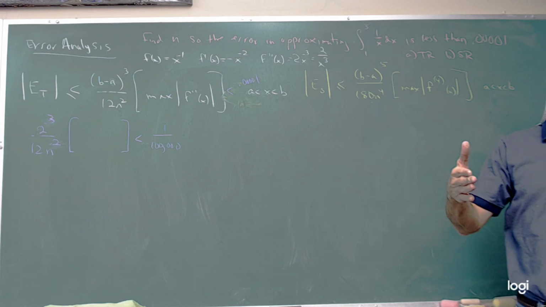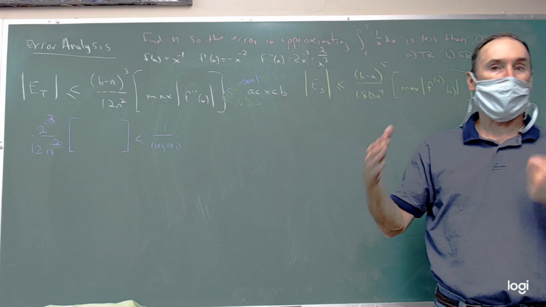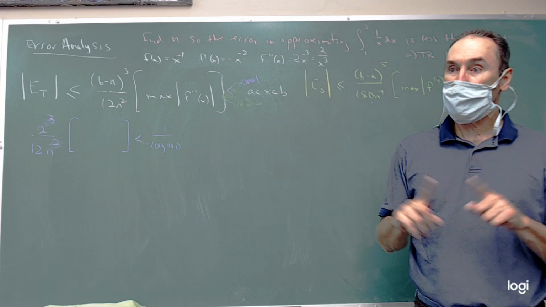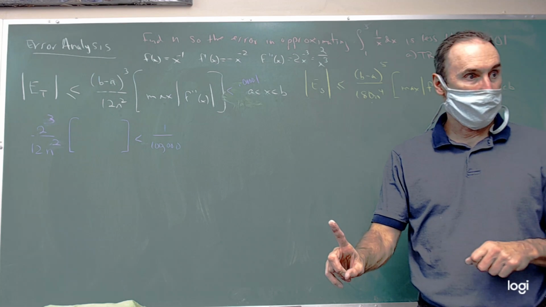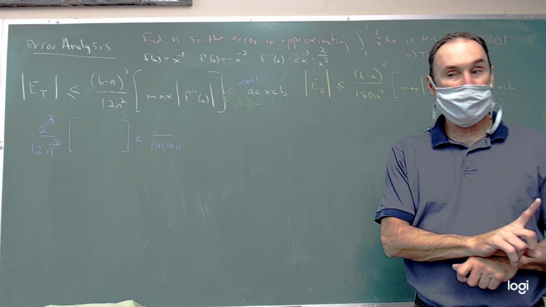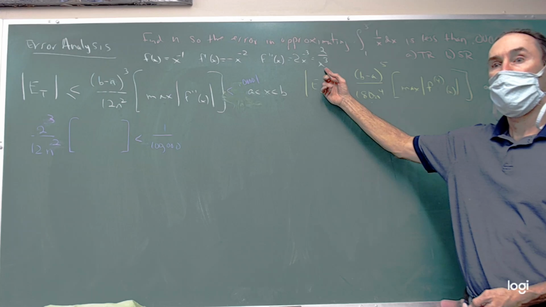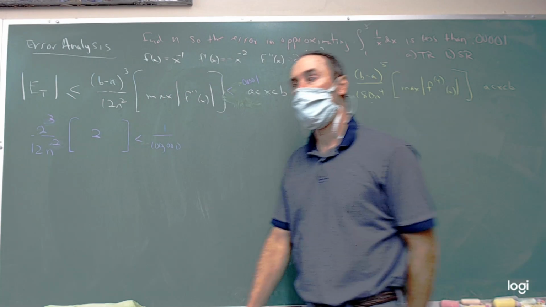So a fraction is the biggest when its denominator is the smallest. So on the interval from 1 to 3, that's going to be when x is 1. Follow that reasoning? Which means the largest that our second derivative can be is 2. And so that is what goes here.